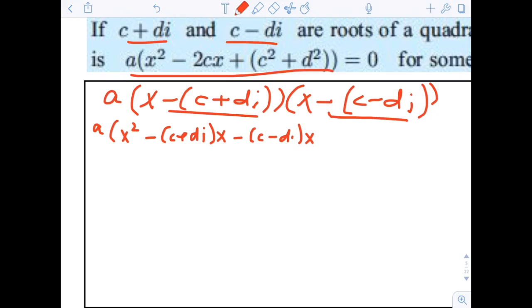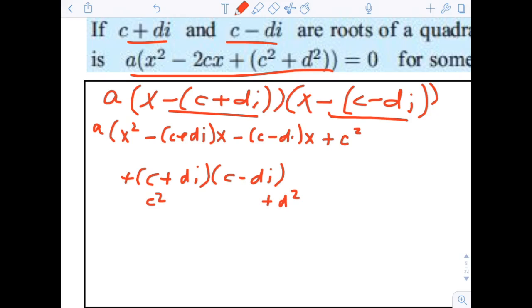Then I'm going to multiply the complex conjugates together, and I'm going to get c squared, and let's do that real quick here. So c squared minus negative 1 d squared, plus cdi minus cdi.